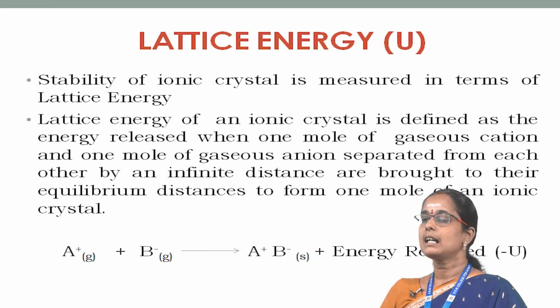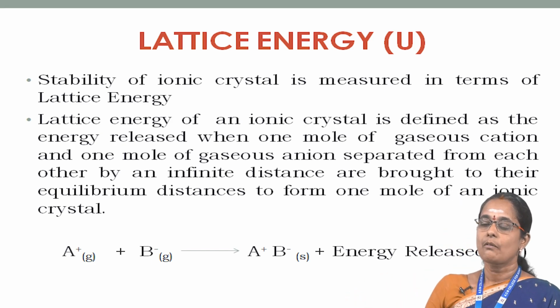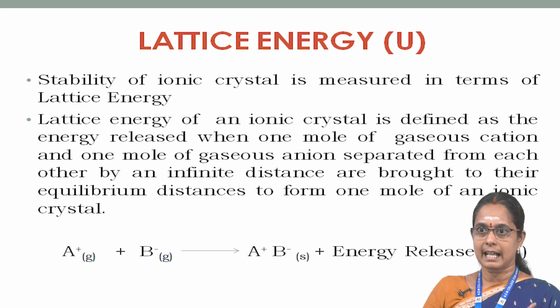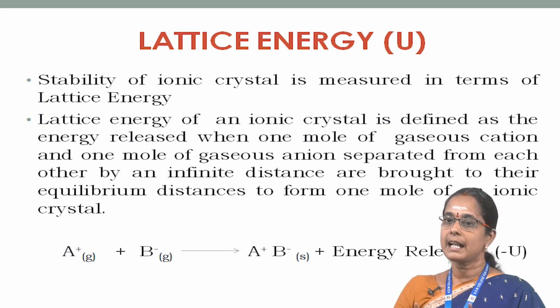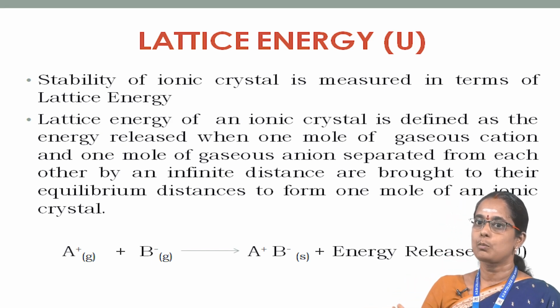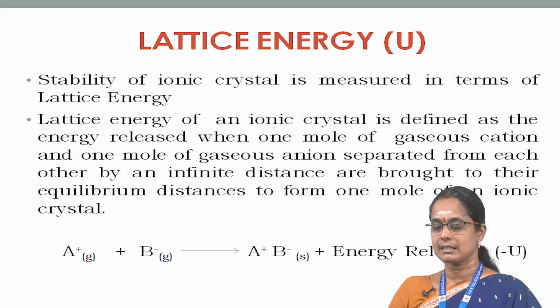The lattice energy of an ionic crystal is defined as the energy released when 1 mole of gaseous cation and 1 mole of gaseous anion, separated from each other by an infinite distance, are brought together to their equilibrium distance to form 1 mole of ionic crystal.